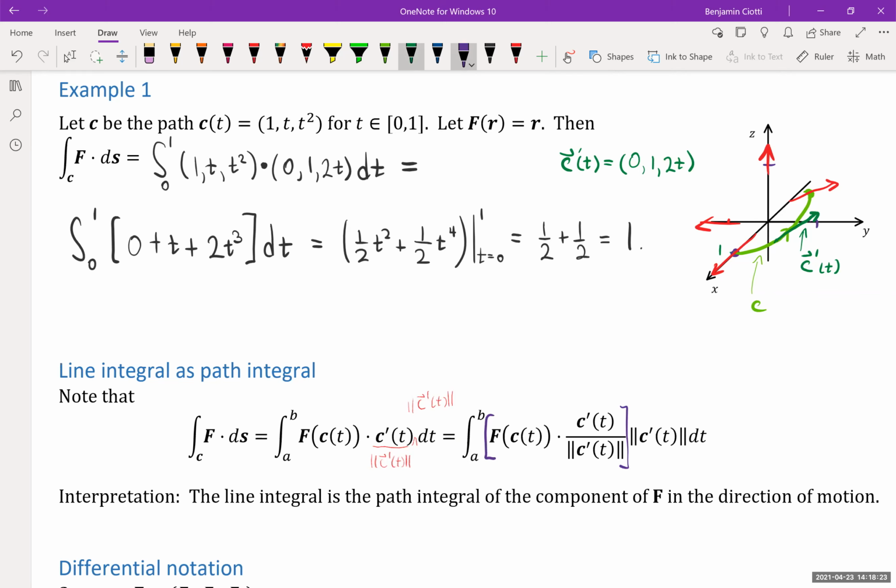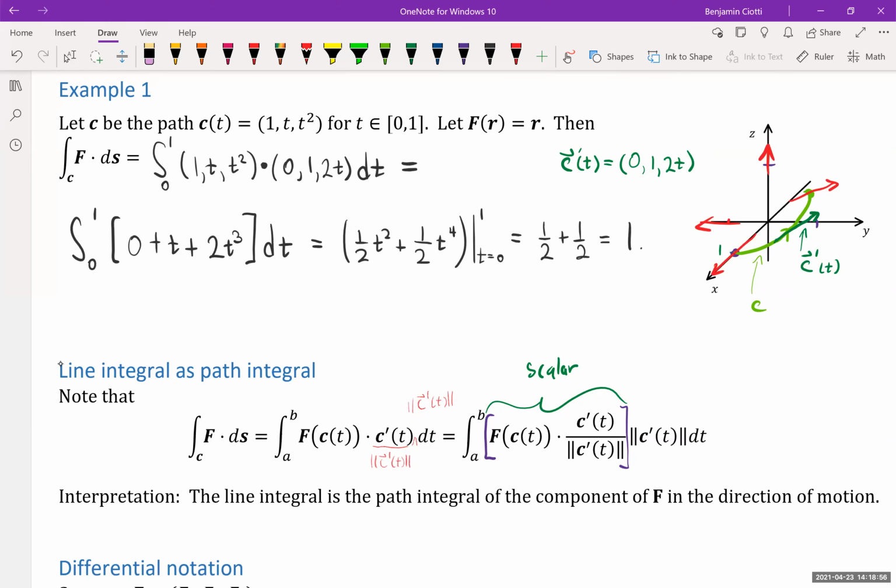So the term inside the brackets, is it a vector or a scalar? It's a scalar, yeah, because there's a dot product right there. Okay, so this is the integral of a scalar times a differential path length element. This is a path integral, the integral of a scalar over some path.